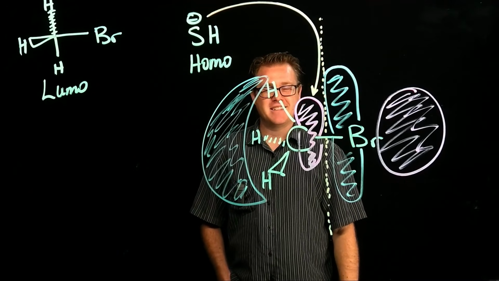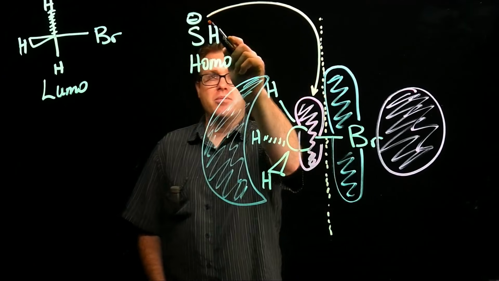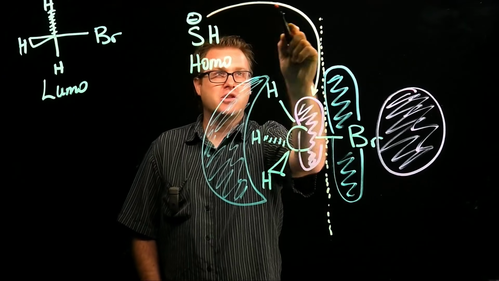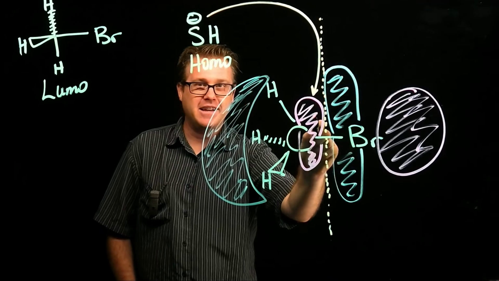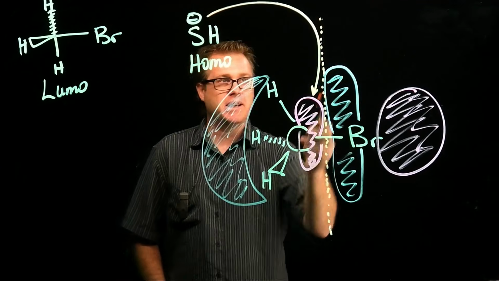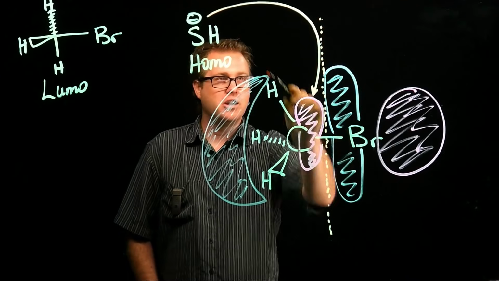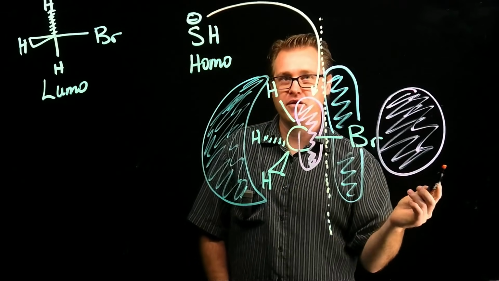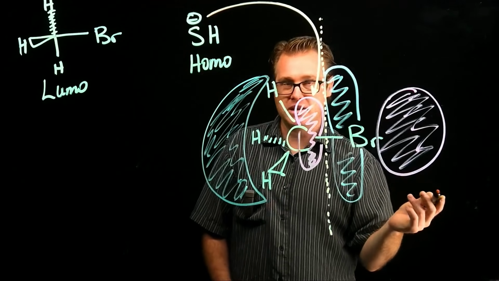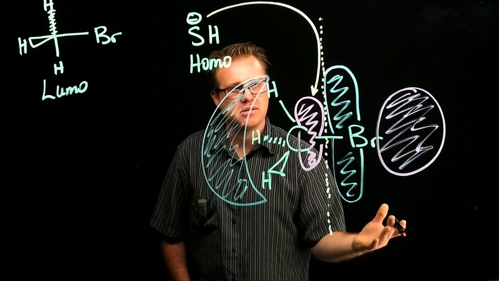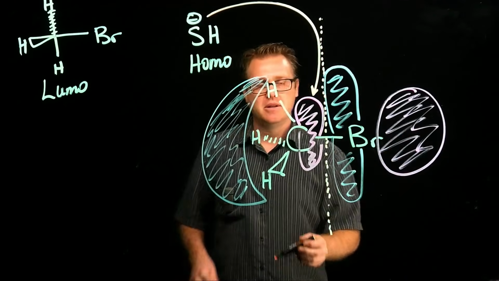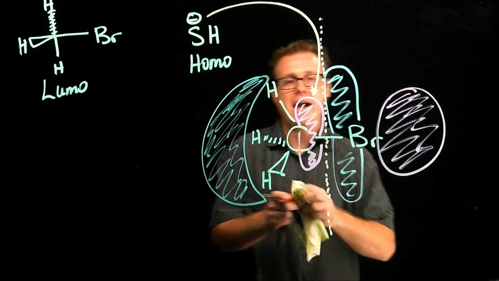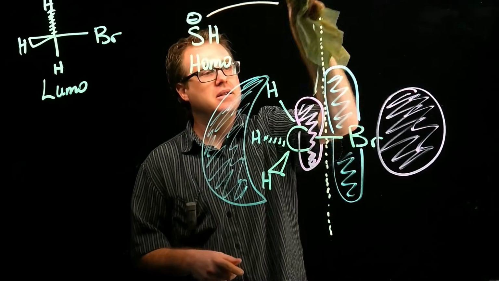No electron density. So if we're proposing that this nucleophile is going to come and attack, that's impossible because there's a node right there. No electrons can exist right there, so you can't attack from the front. Because a node is a place where you'll never find electrons.